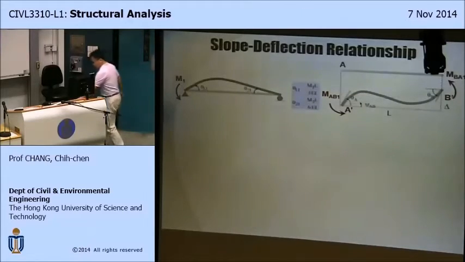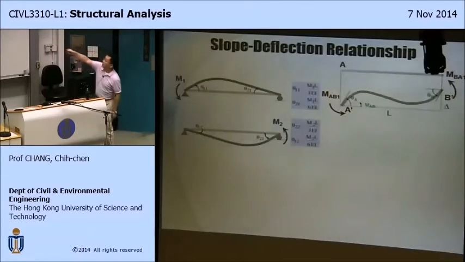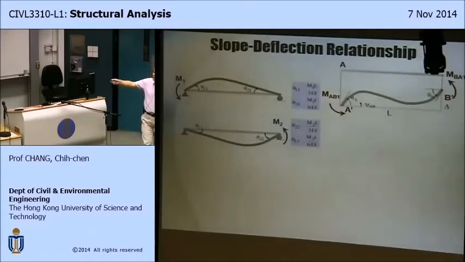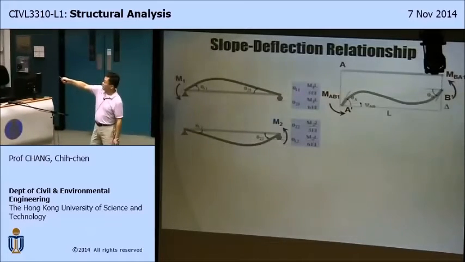OK, so the solution is here. And then you can set up the second relationship. You come over to the other side and apply another moment there. Again, you can use one of the 5 methods to find the rotation angles. So you can set up the second set of equations.